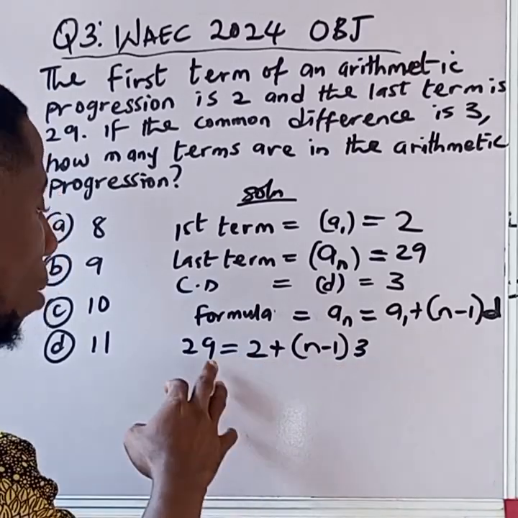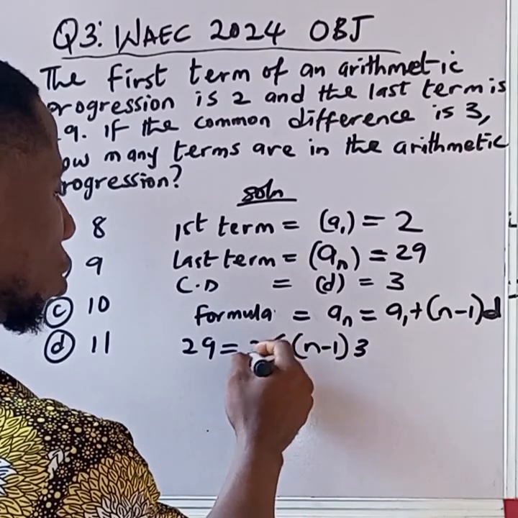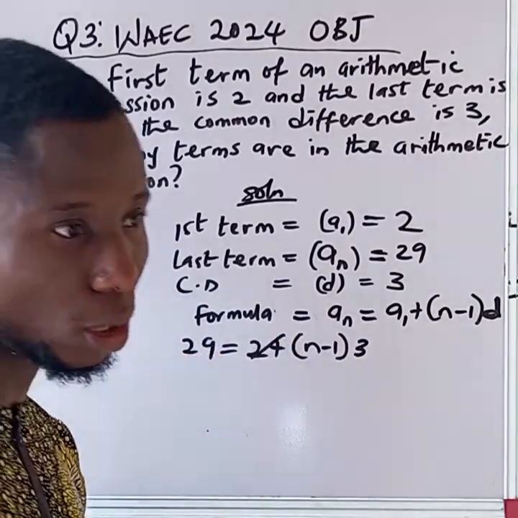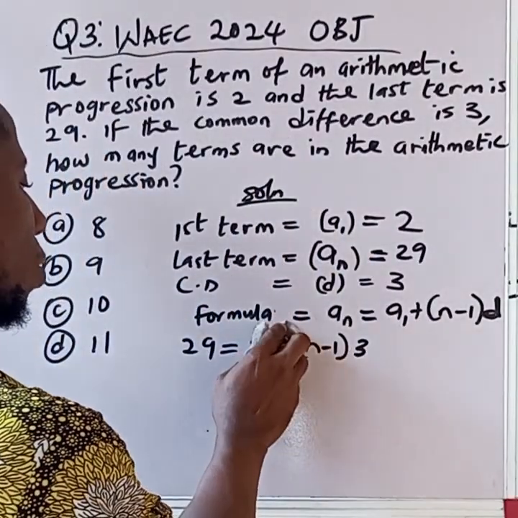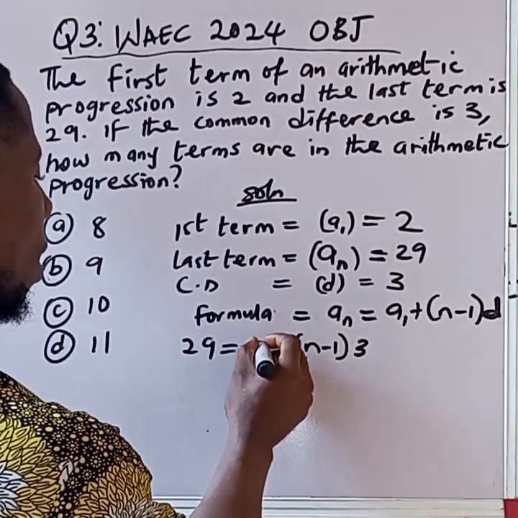If we simplify this equation, we subtract 2 from both sides. Let me break everything down.